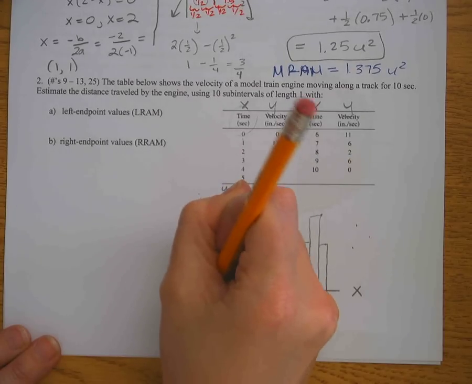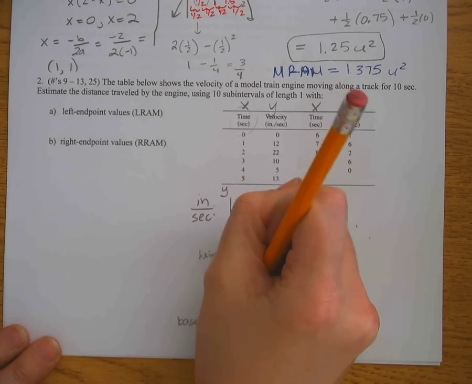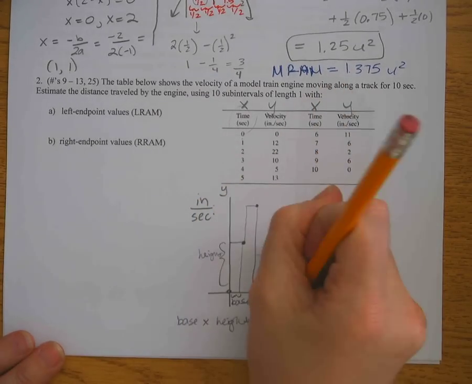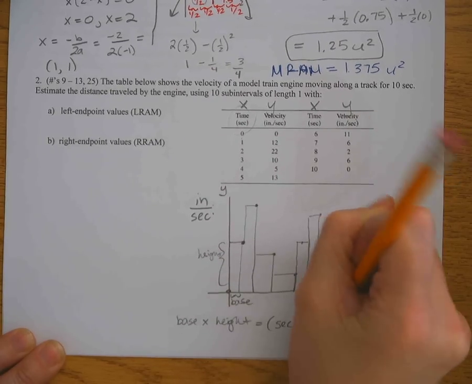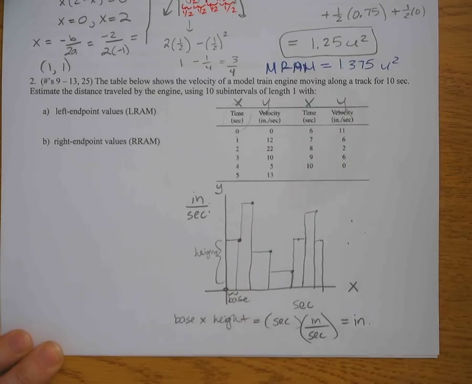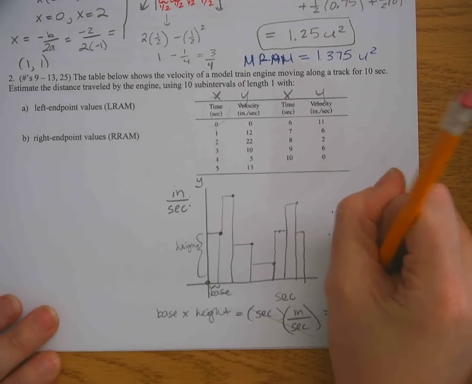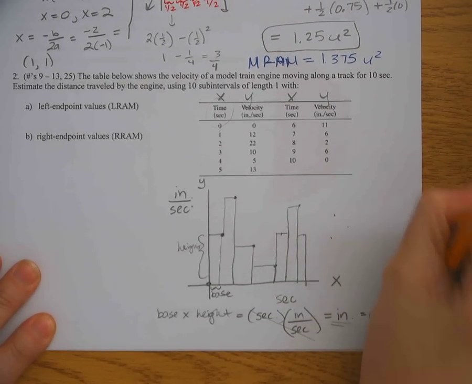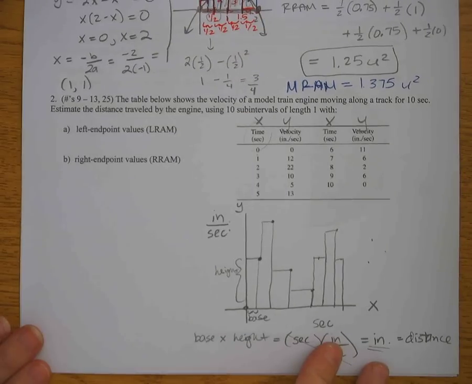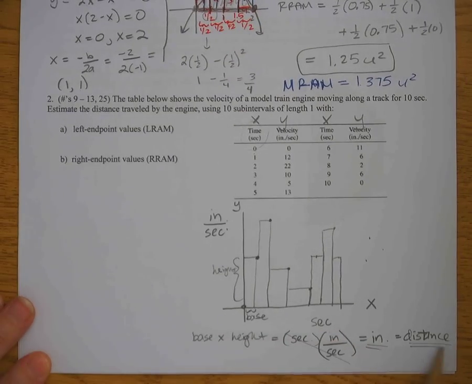So when I go to do my base times height calculation, it's going to be seconds times inches per second. And so the interesting thing is that I end up with just inches. The seconds cancel out. And inches are what we use to measure distance, at least in this particular context, because we're dealing with model trains that don't travel too far, so we use inches.